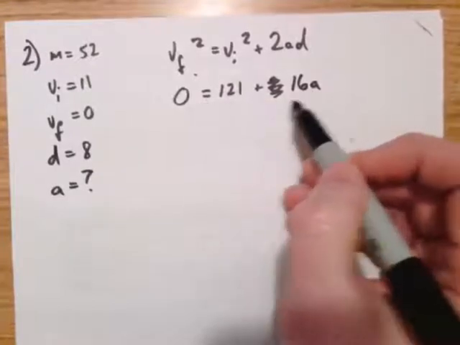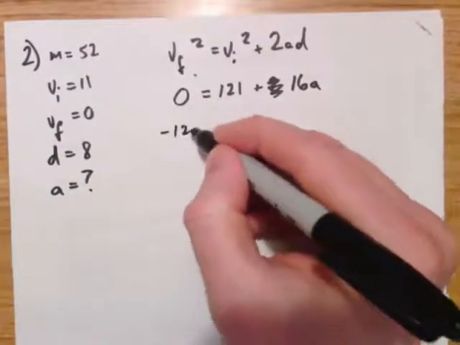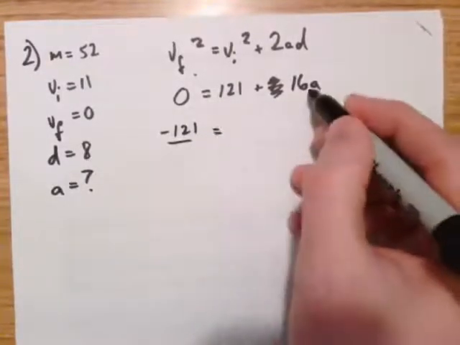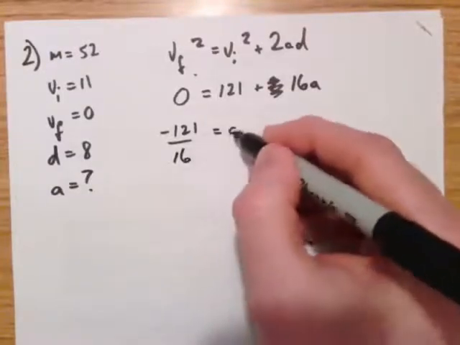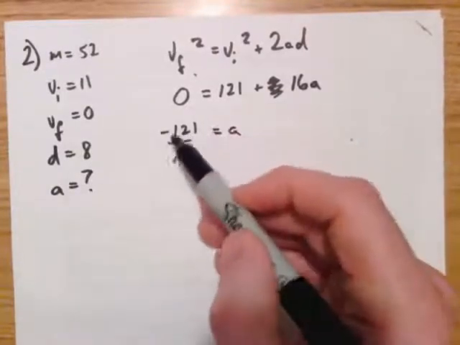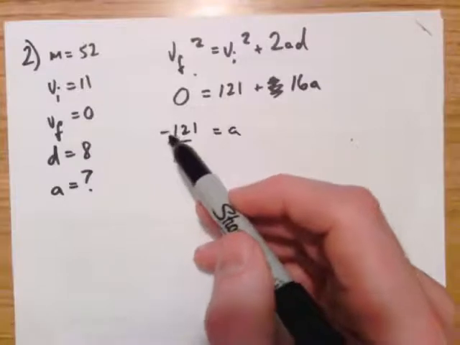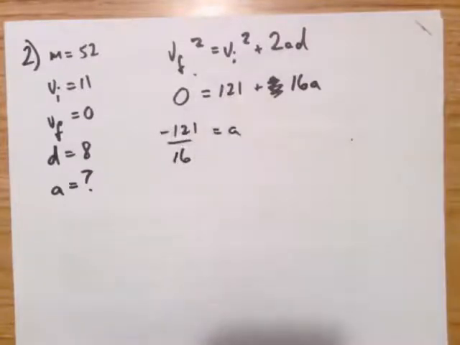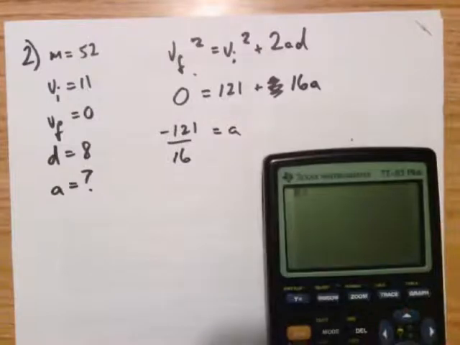So we subtract 121 from both sides, negative 121, and then we're going to divide both sides by 16. That'll equal A. Negative, that means something. That's there for a reason. You're thinking, wait a minute, negative acceleration? Yes, that means it's slowing down.